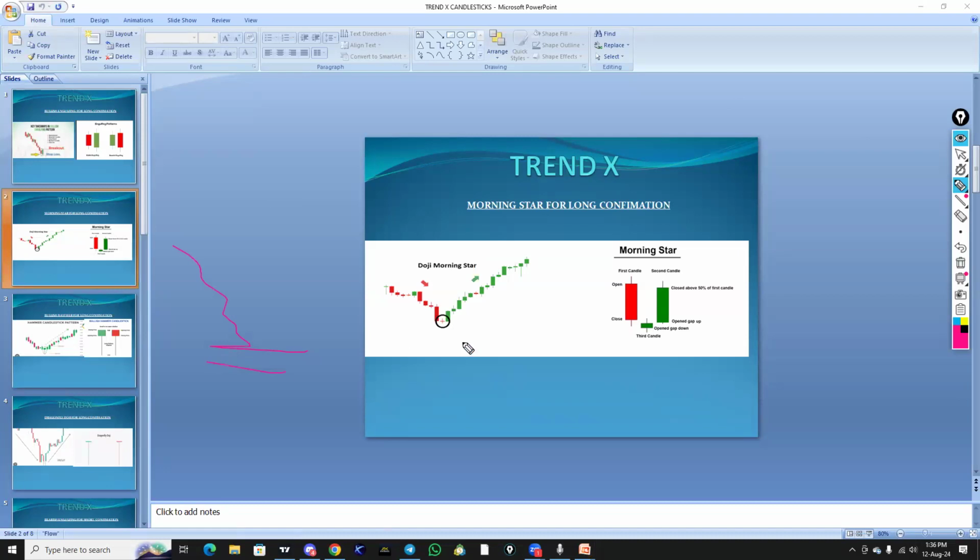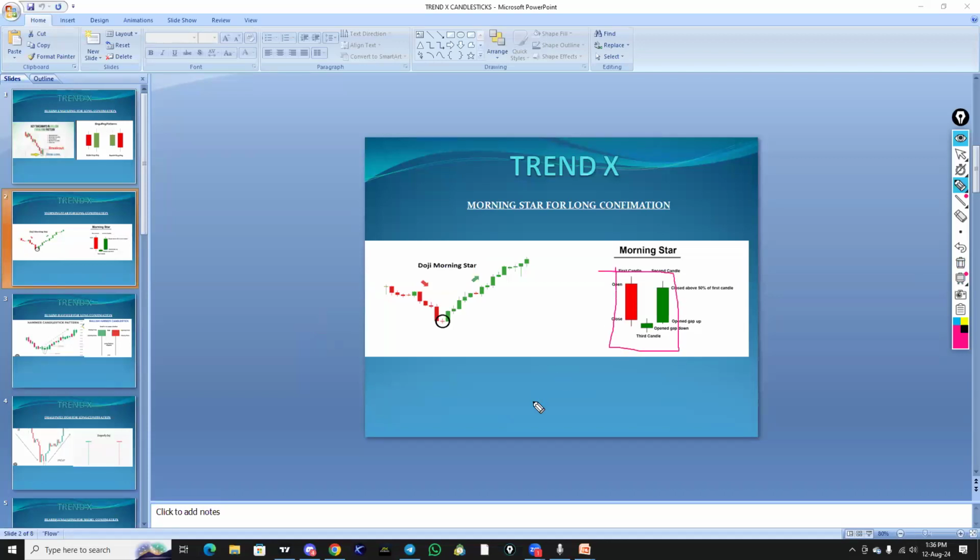The candle looks like this: a red candle, or sometimes a half body like this. As soon as we see a doji, after that we wait for one more candle, and it should be this green color, and this is the complete pattern.